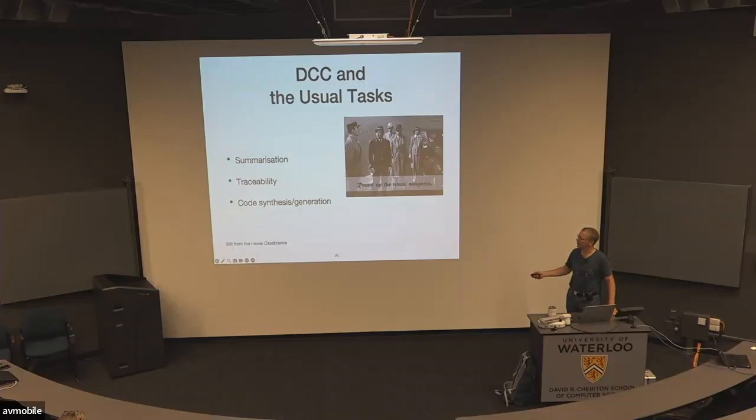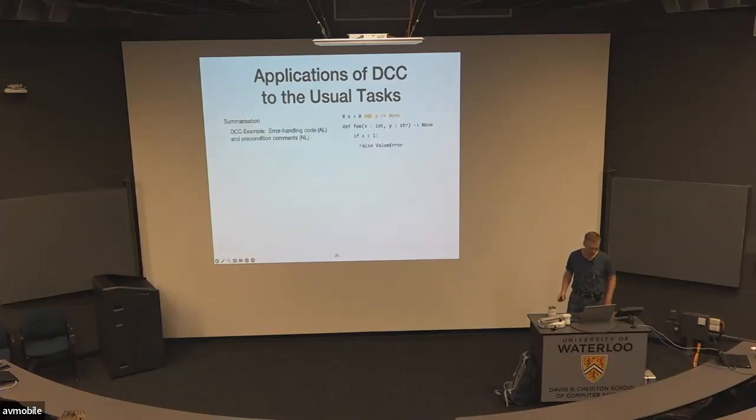And so DCC can be applied to the usual tasks. I've just picked 3 here: summarization, traceability, and code generation. So for summarization, an example of a dual channel constraint is that the error handling code in the AL channel should align with the precondition comments.